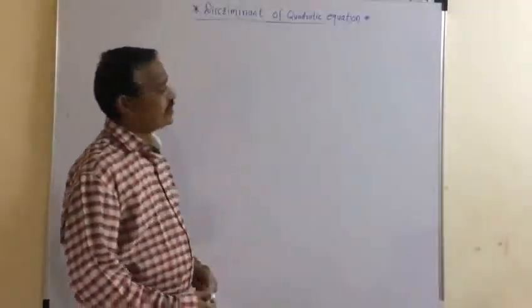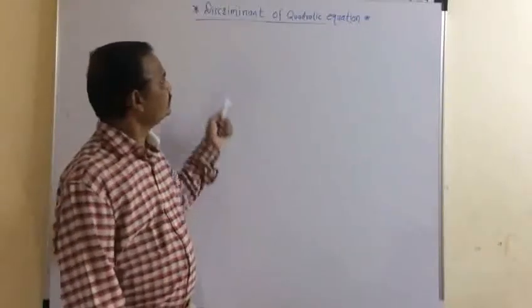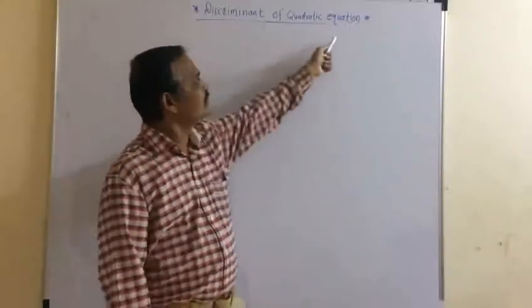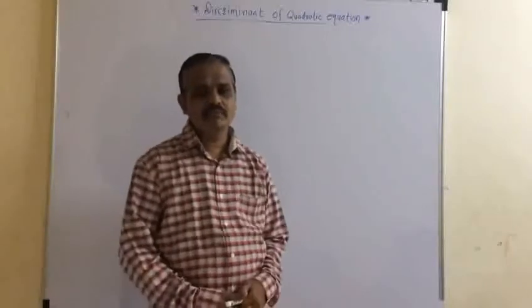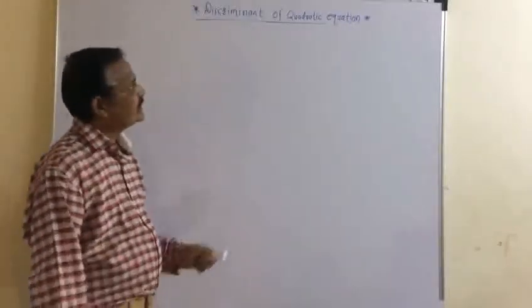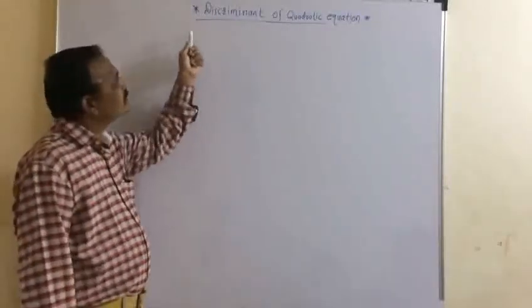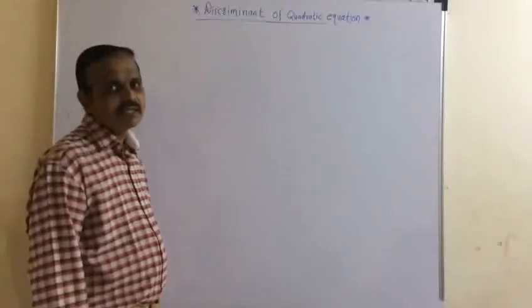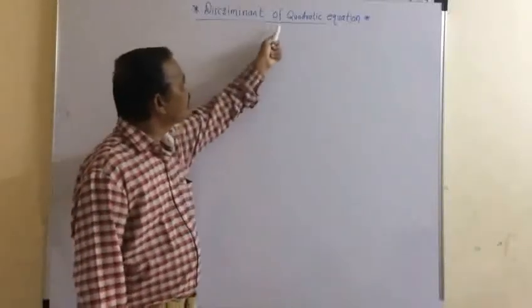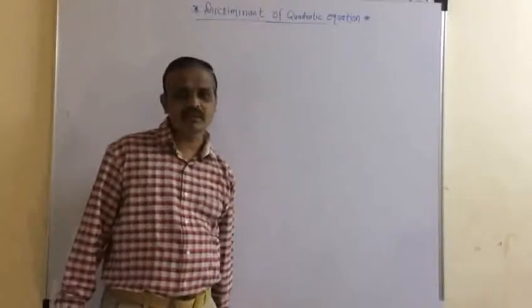Today we learn a new concept: the discriminant of a quadratic equation. The nature of the roots depends upon the value of b square minus 4ac. Hence b square minus 4ac is called the discriminant of a quadratic equation.